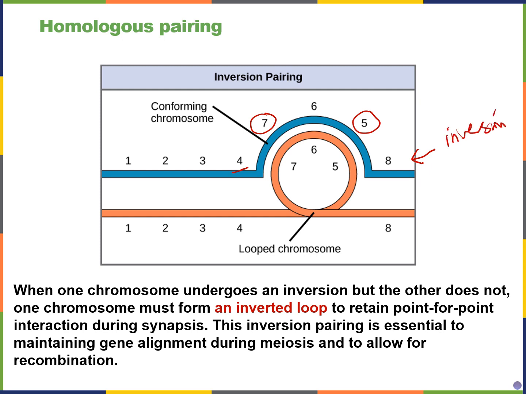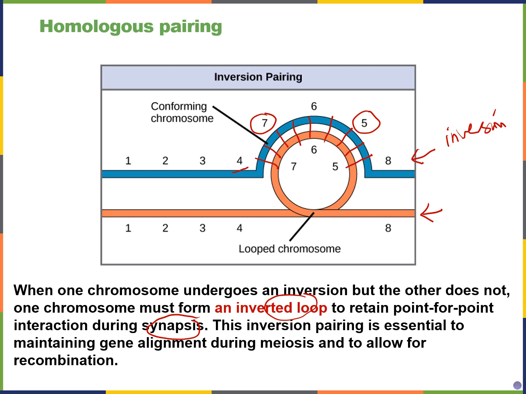Then when you're going through meiosis and preparing for crossing over by going through synapsis, the normal chromosome has to form an inverted loop so that the nucleotides, remember the A, C, T, G, and the genes are still matching and in the correct order.